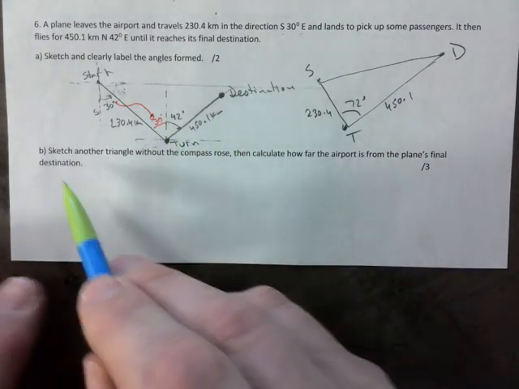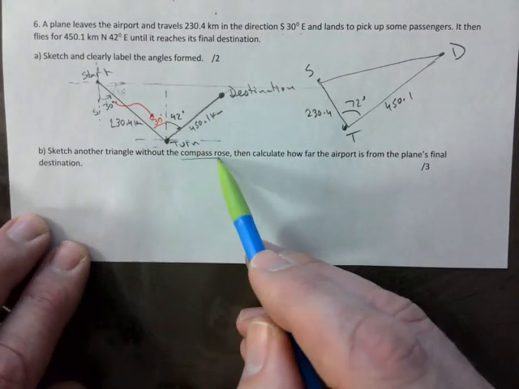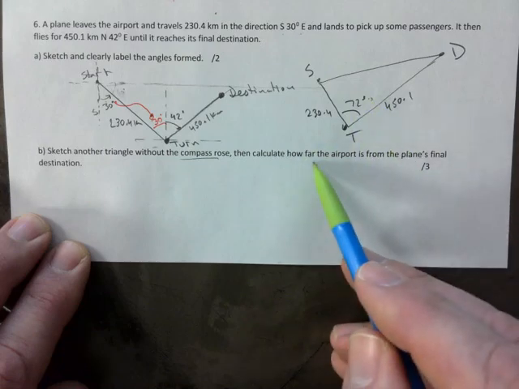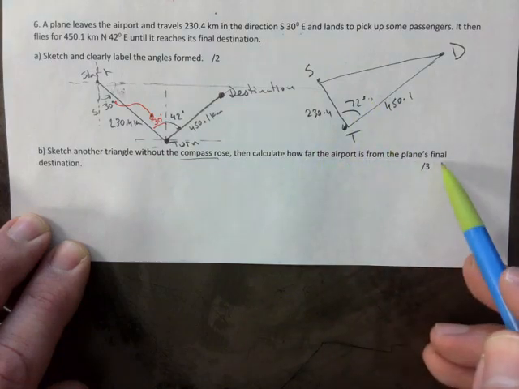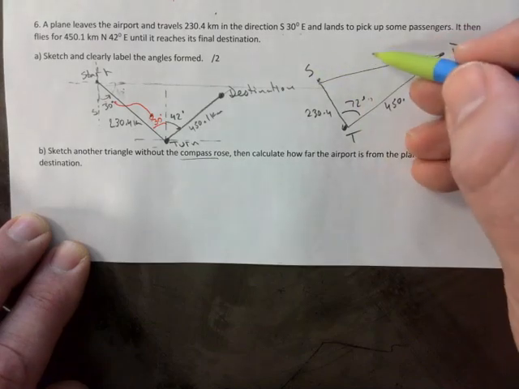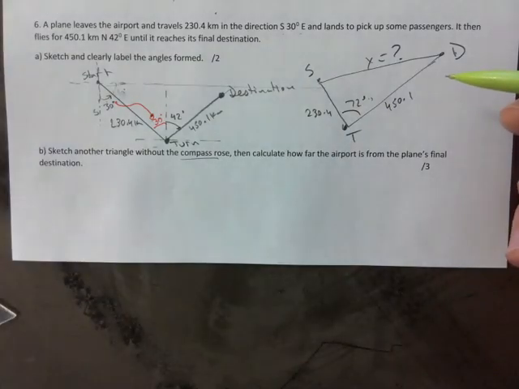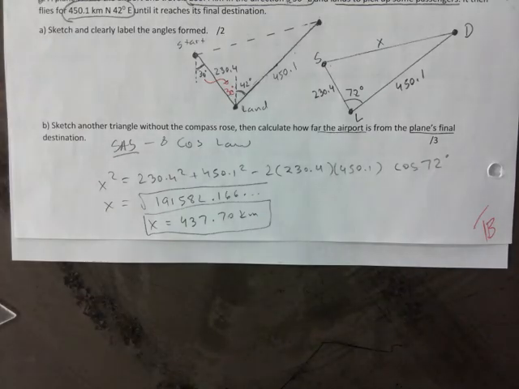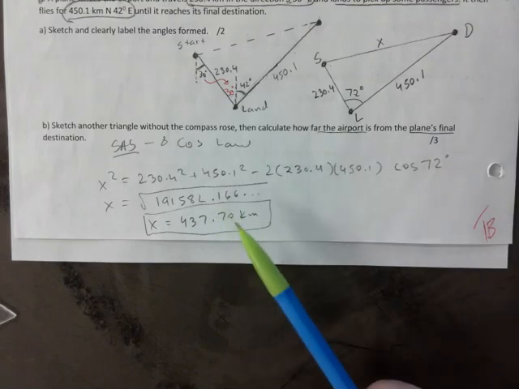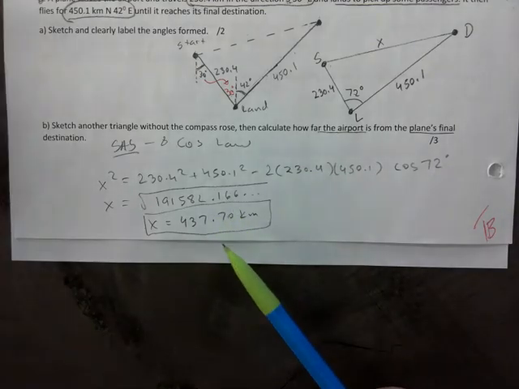And in this case, it's asking to sketch another one without the compass rose. That's this one right here. Calculate how far the airport is from the plane's final destination. So this would be the airport, and this would be the final destination. This is cosine law, and I'll just show you what you get, because the interpretation is the hardest part. There we go. 437.70 is your final answer if you did this correctly.